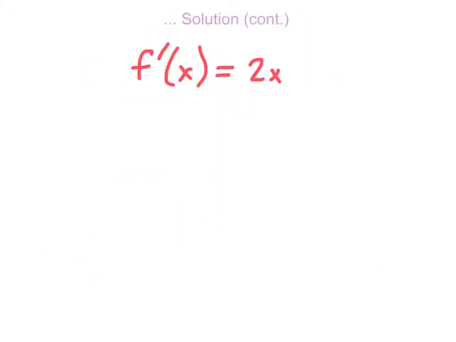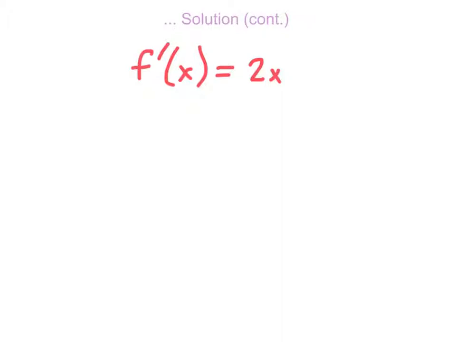So we just found the formula for f prime of x, and that we found is equal to 2x. So again, this formula right here gives us the instantaneous rate of change for the function f of x. It gives us the instantaneous rate of change at every x, technically every real x.